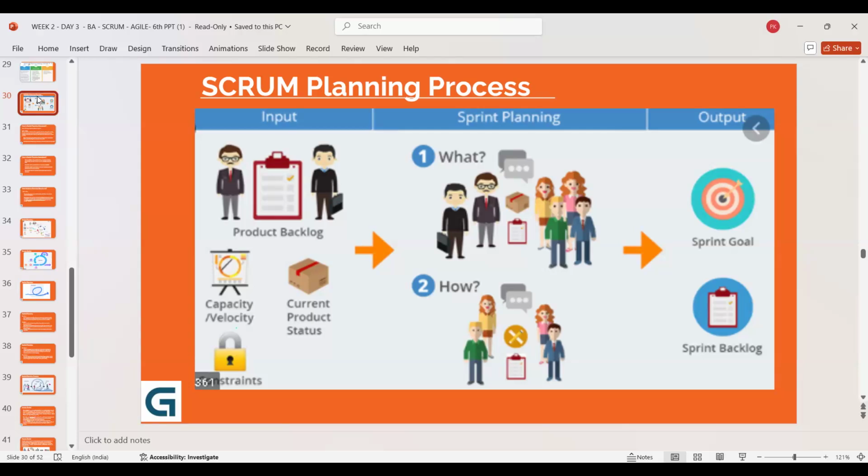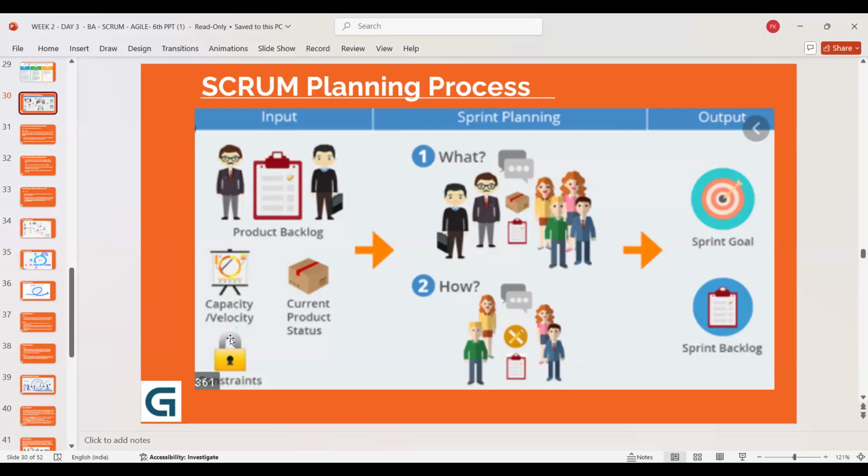The next point is current product status. That means before this Scrum planning, what is the current situation of the application or the product that we are working on. And the last point here is constraints. Can you see a lock mentioned here?